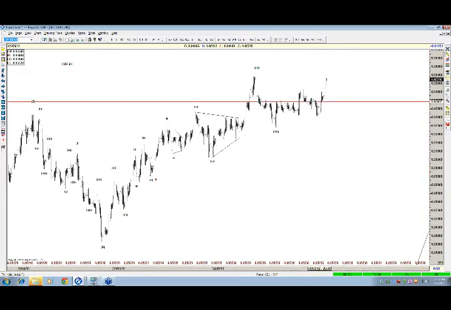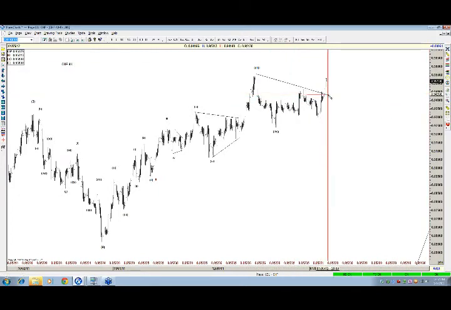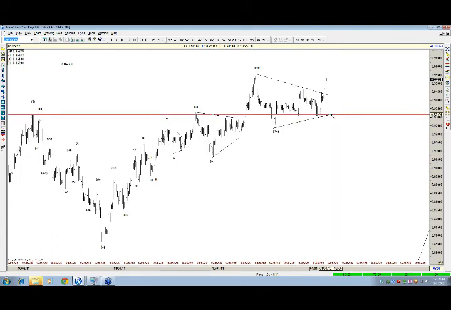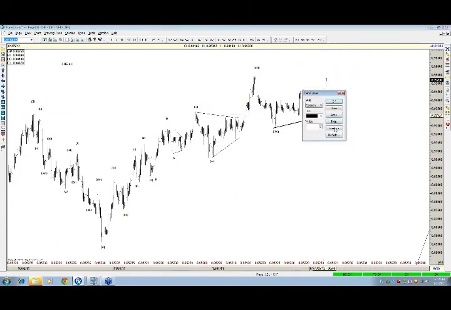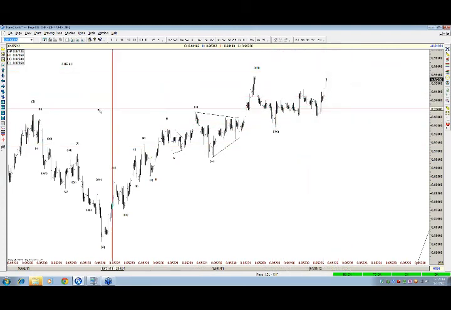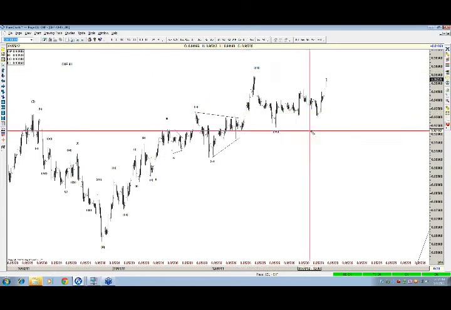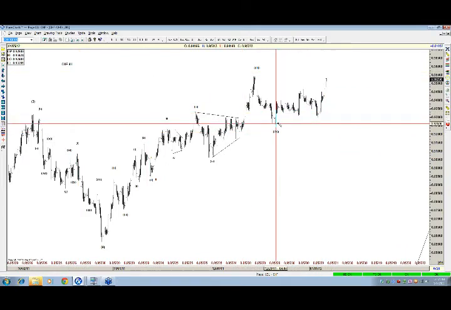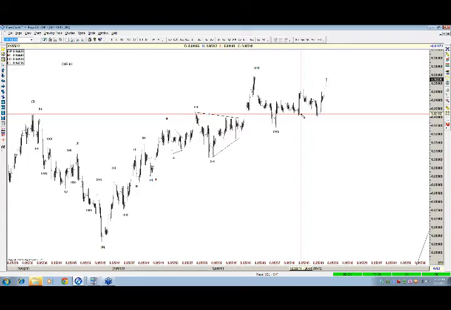Now, I was betting on the triangle because it looked good at the time, but it looks like this pair is sometimes tricky. I have a love-hate relationship with this pair, because once I was positive with 1,200 pips in this pair, and I fell asleep in the trade. Yeah, I know, more hate than love.